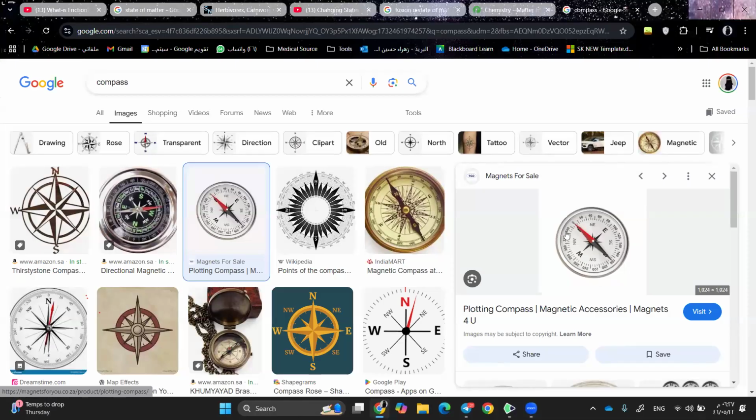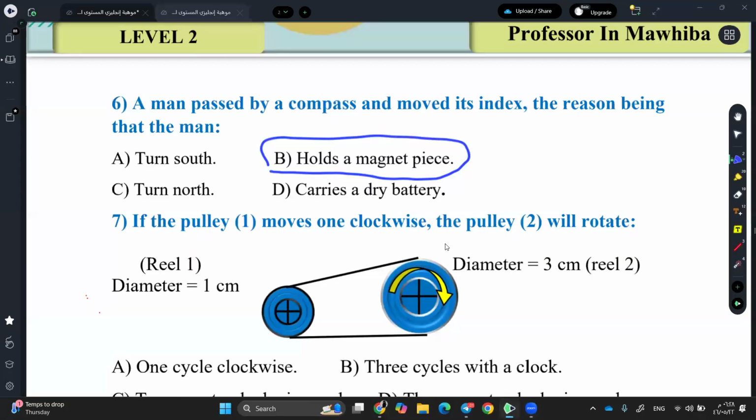So the man will hold the magnet and we'll see it working. It will move in response to the magnet, not a battery.